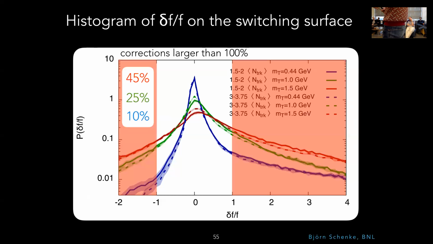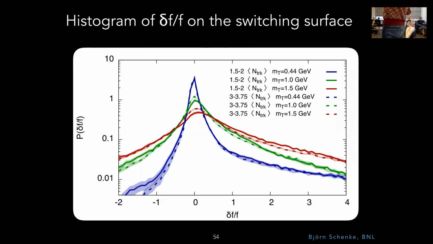If you had low PT, that's the blue curve. It's peaked around 0, so you have small delta F a lot. But you go to the point where the correction is as large as your equilibrium distribution at that PT, and you actually go to things like 4 times that or more, and also in the other direction.